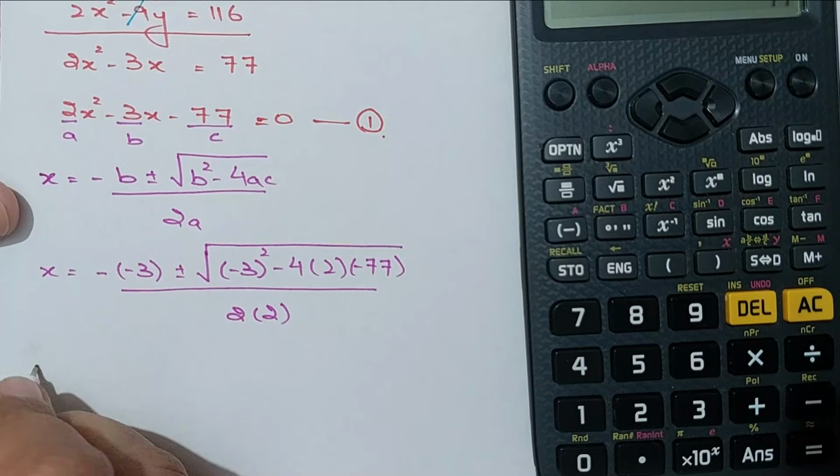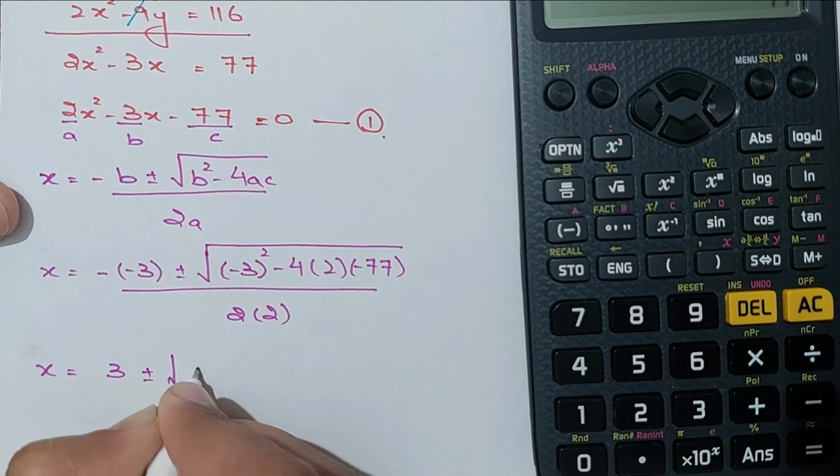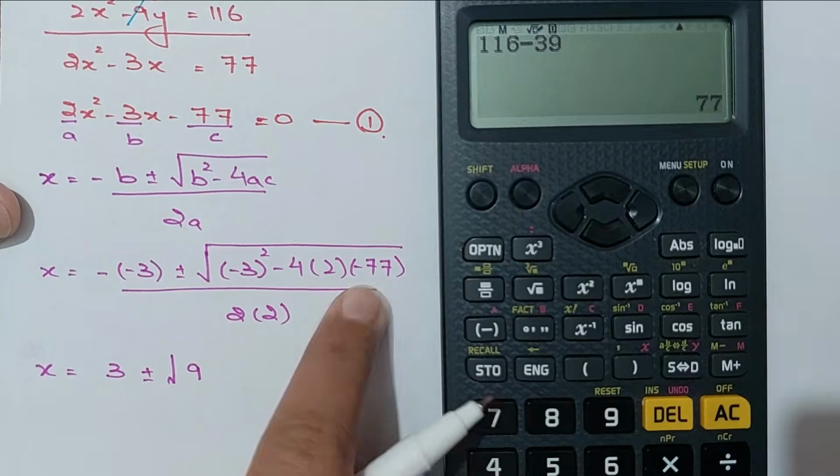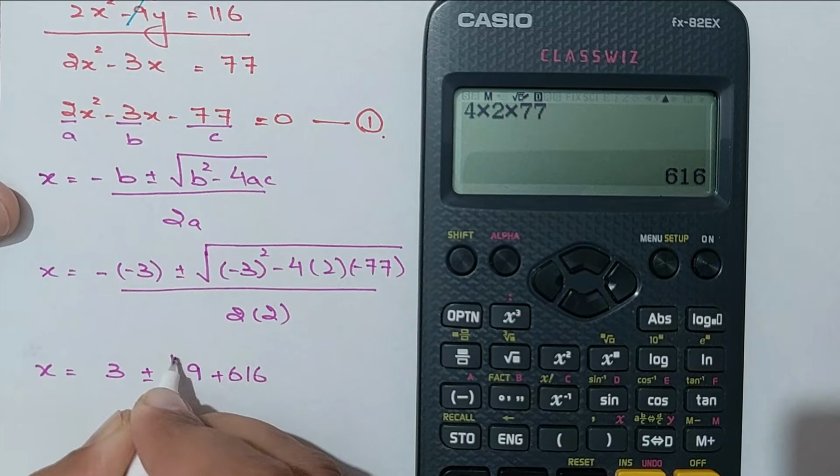Simplify this further. x equals 3 plus or minus square root, 3 squared is 9. Negative times negative is positive. 4 into 2 into 77 plus 616.